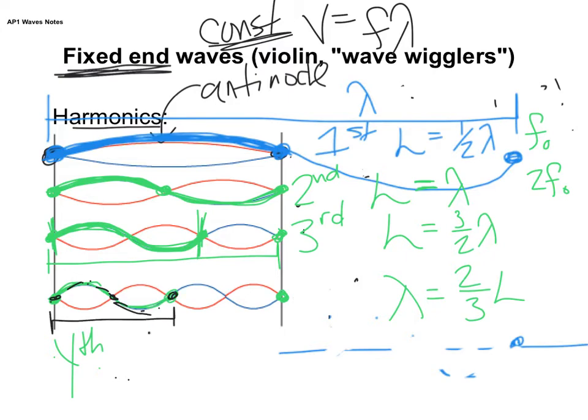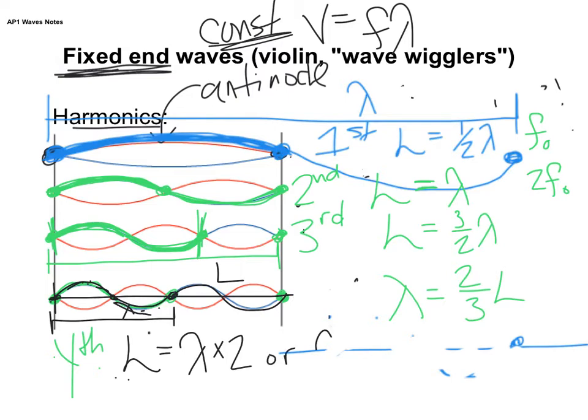There is a wavelength. So if I think about the length of the string itself, it is 2 times a single wavelength. So I've got one wave and then a second wave to make up my full length of the string, L. Or I could say that my wavelength is equal to 1/2 of the length of the string.